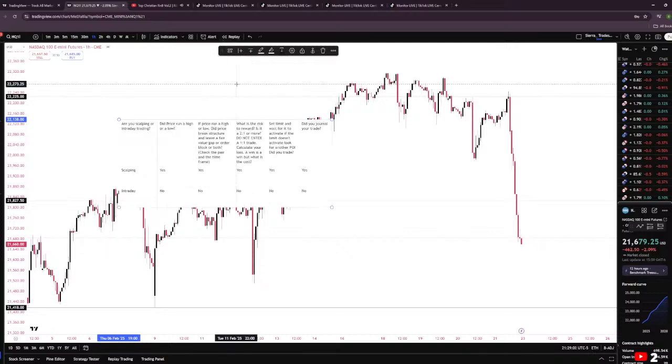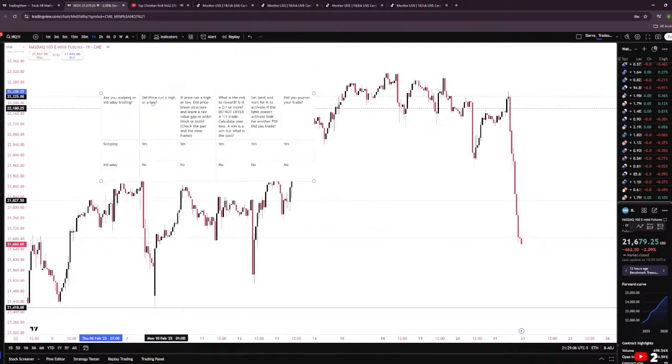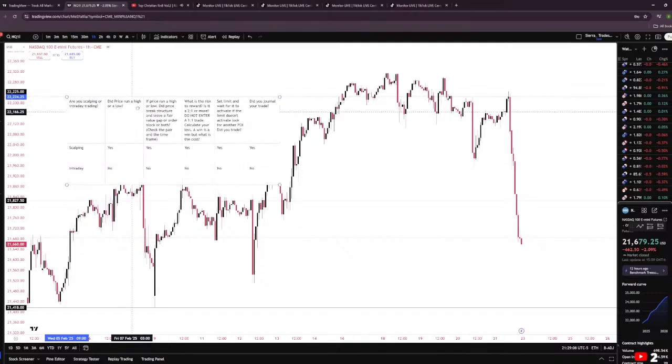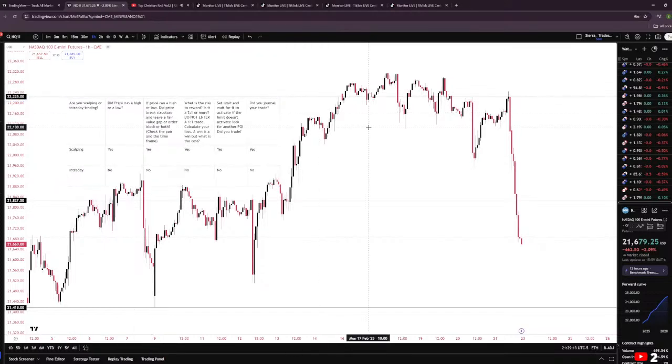So I was able to make this cute little chart, and we're going to go over this chart with this trade, and let's see if I actually follow my rules. All right, excuse me. My throat is a little dry today.